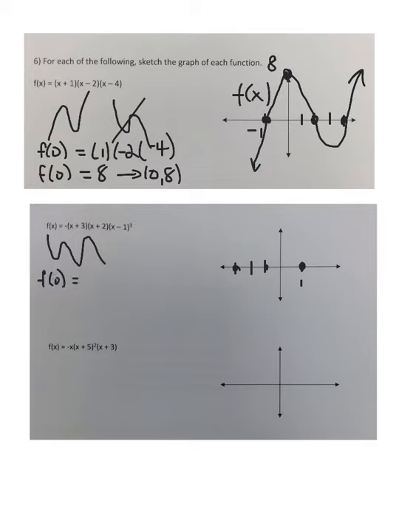Remember, that just means put in 0 for your x values. So I've got a negative, and I'm going to open up a set of parentheses. I should have a 3, then a 2, then a negative 1, that quantity cubed. Okay, so f of 0 is going to be equal to, now if I cube a negative 1, that's still negative 1.